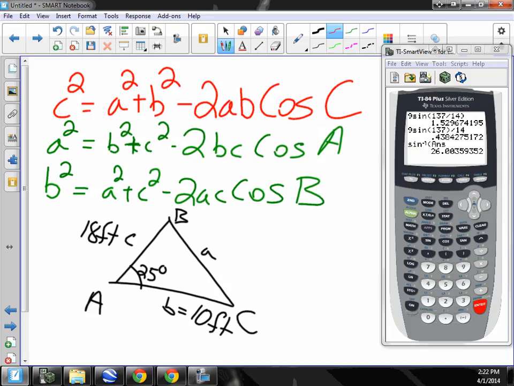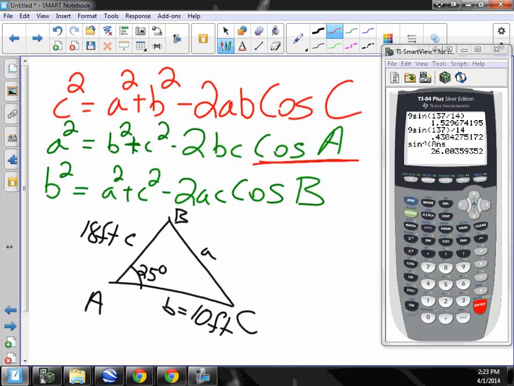Little a. That's the only option for solving. So if I'm going to solve for little a, which formula do I have to pick? The second one, how come? Right. This is the only angle I know.